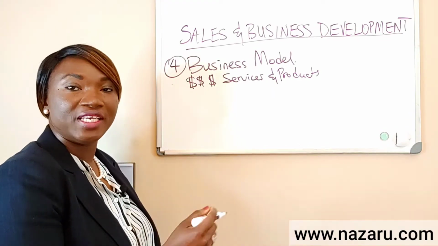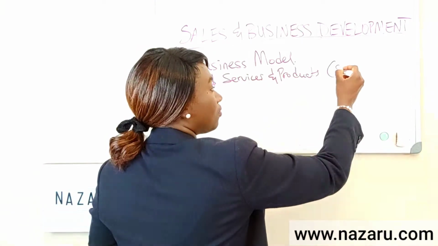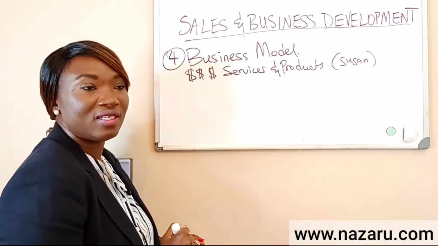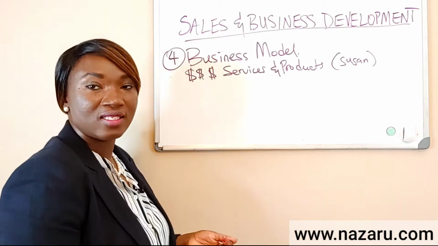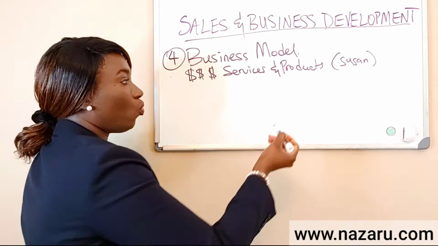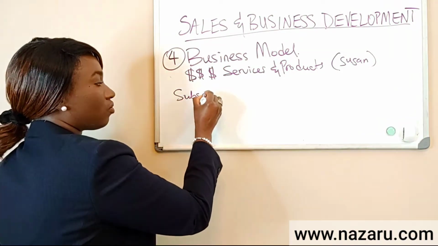So for example, in the earlier exercise that we did with Miss Susan, the middle-aged woman that is trying to balance work and life. Basically, we could offer Miss Susan a subscription model.